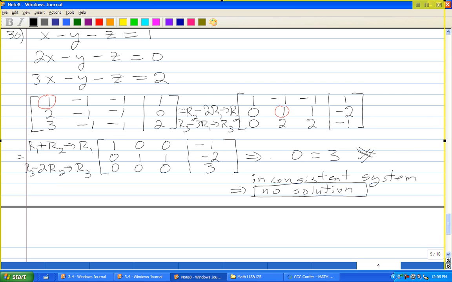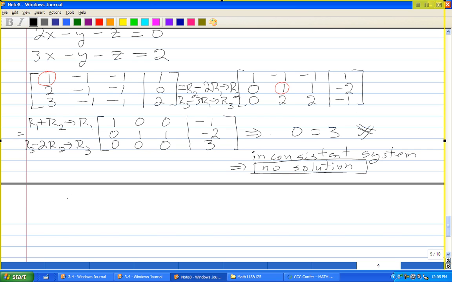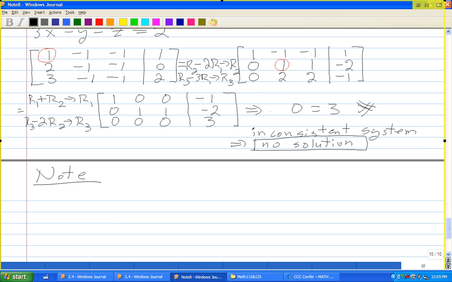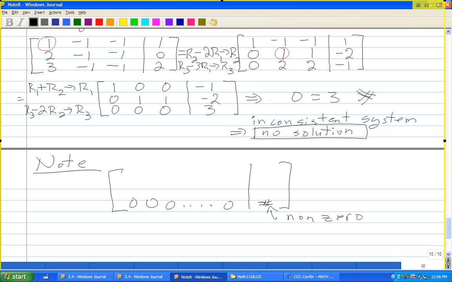in general, if you have a row like this, then you know you're done.